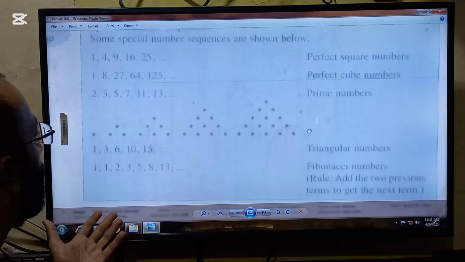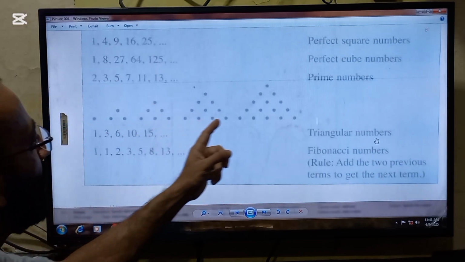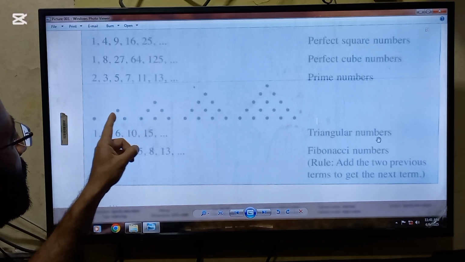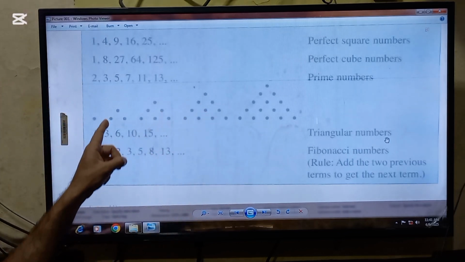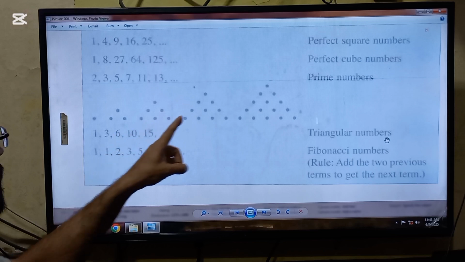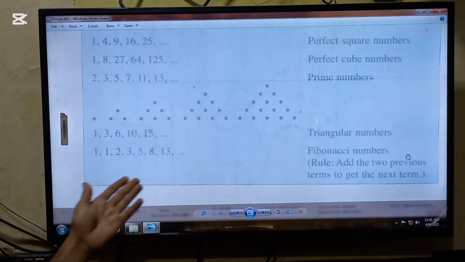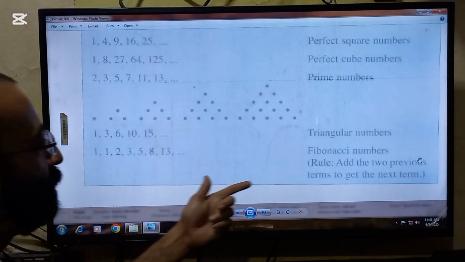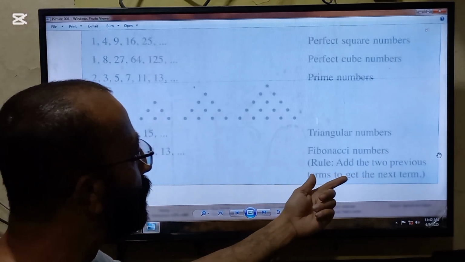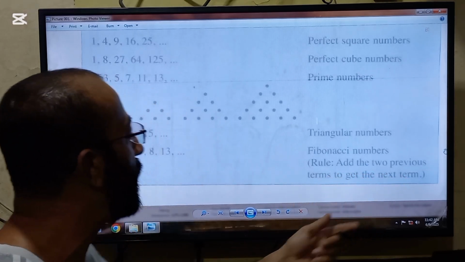Here is another special number sequence, that is triangular numbers, because these numbers make complete triangles. So 1, 3, 6, 10. So these are actually triangular numbers. Here is another special number sequence. This is called Fibonacci numbers. The rule is add the two previous terms to get the next term.